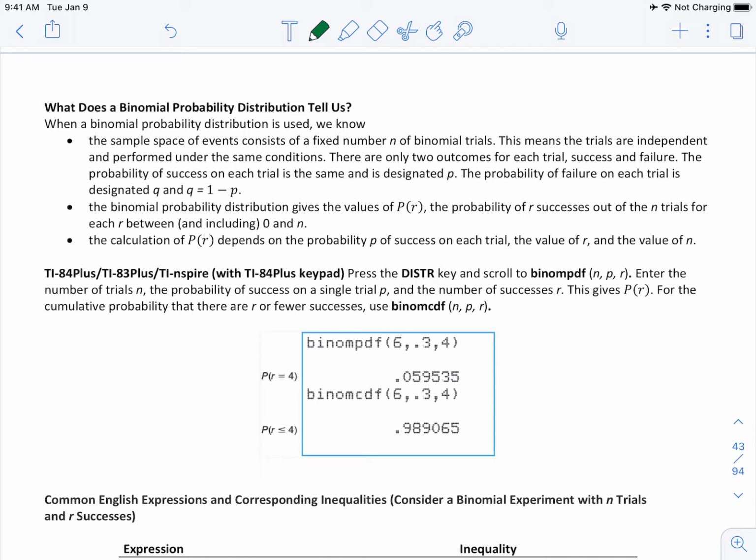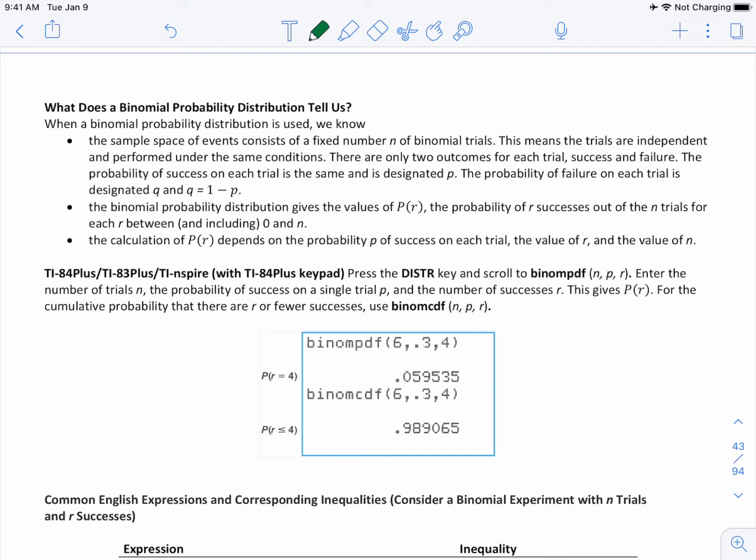The probability of success on each trial is the same and is designated P. Probability of failure on each trial is designated as Q, which is 1 minus P. The binomial probability distribution gives the values P of R, the probability of R successes out of the n trials for each R between and including 0 and n. And the calculation of P of R depends on the probability P of successes on each trial, the value of R, and the value of n.